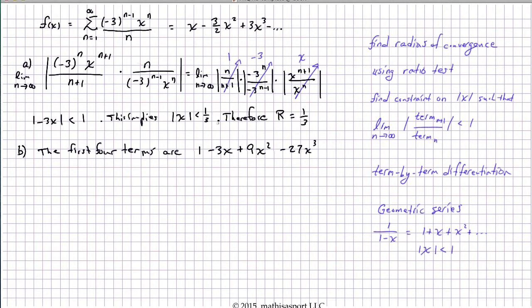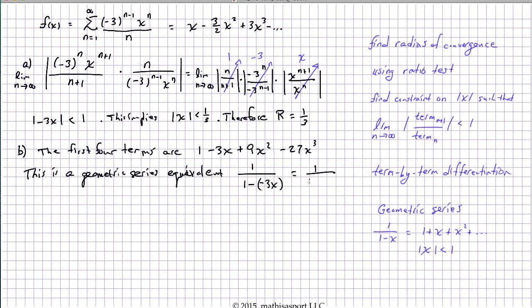And so in this case, the x term that's here is clearly a negative 3x term here, and so I'm just going to say this is a geometric series equivalent to the first term over 1 minus the common ratio, which in this case is negative 3x.